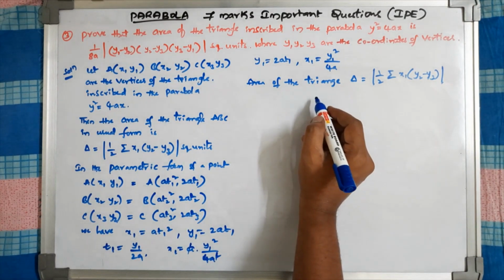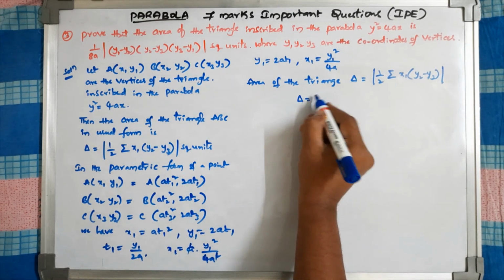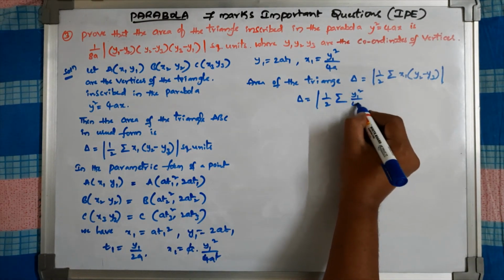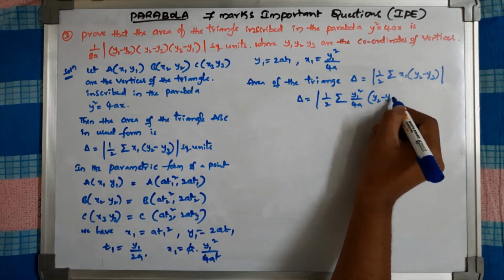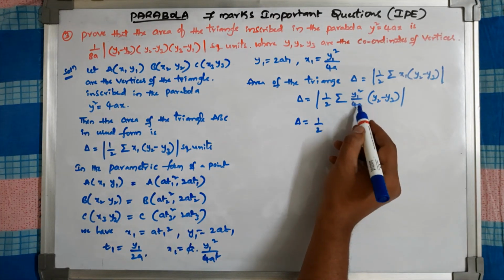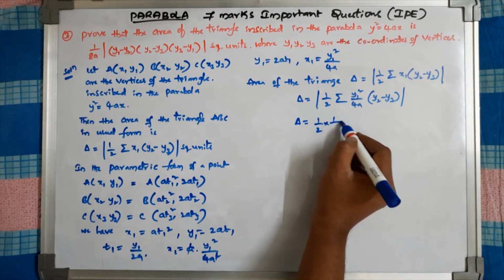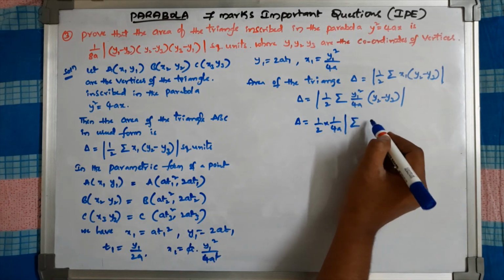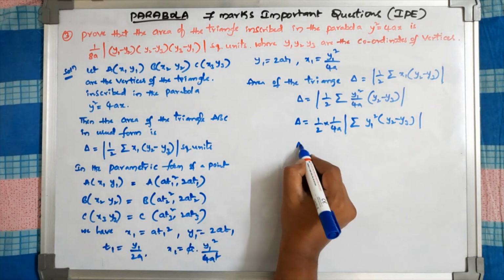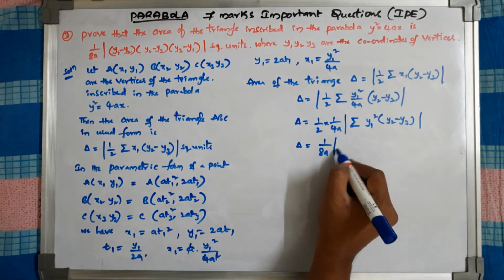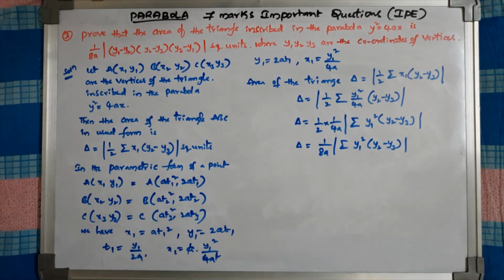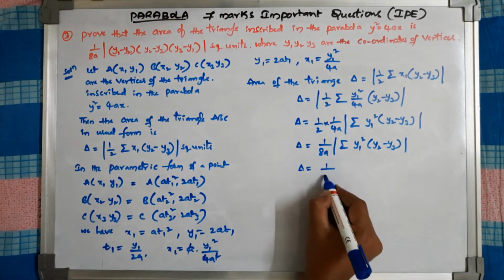Now substitute: delta equals modulus 1 by 2 sigma, x1 is y1² by 4a, into (y2 minus y3). 1 by 2 is constant and 4a is also constant, right, so 1 by 8a modulus sigma y1² into (y2 minus y3).